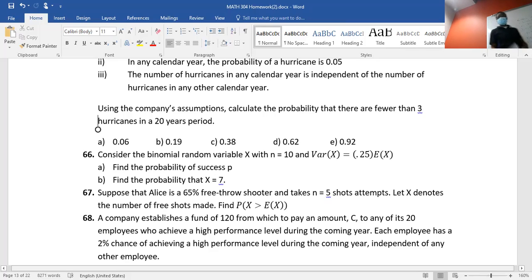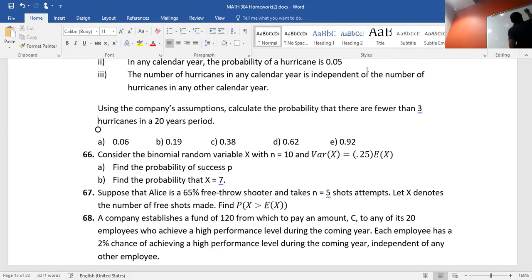Any idea, any solution? Anyone has a way to do it? So what do we have as information?